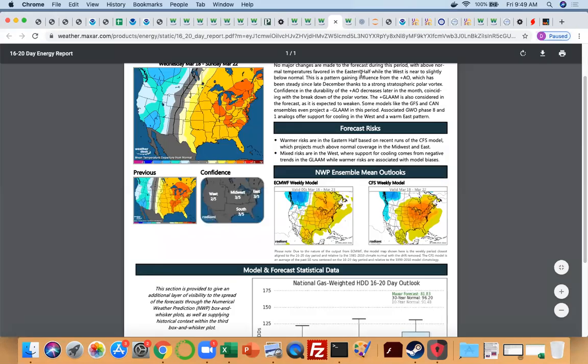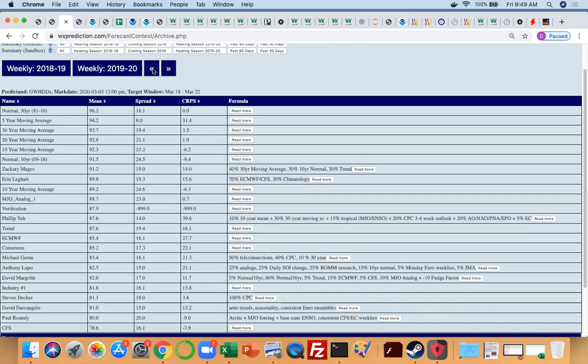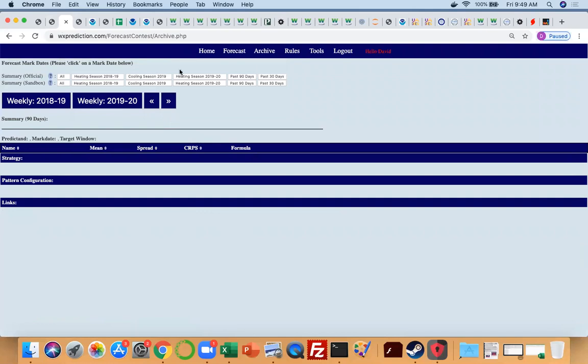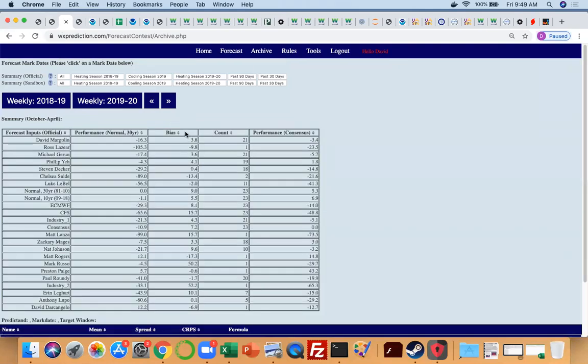Well, I'd toss out, just to play here a little bit, that if you had a 10 HDD bias correction for the CFS, which I think is a bit too low, but if you did go with that, you'd bias correct 10 degrees when it was too cold and 10 degrees when it was too warm.